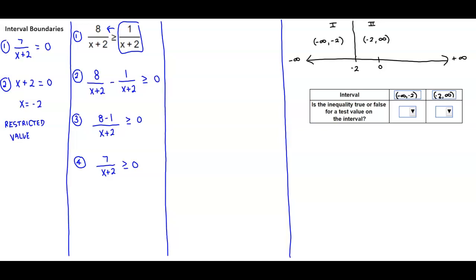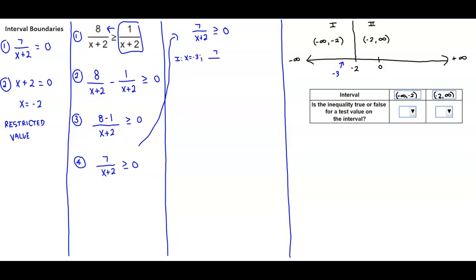Okay, and so now we need to find our testing points. So we're going to use step number 4 as our rational inequality, which is 7 over x plus 2 greater than or equal to 0. So for interval 1, we're going to pick a number to the left of negative 2, which can be negative 3. So x is going to equal negative 3.